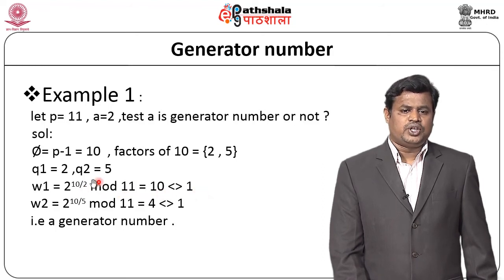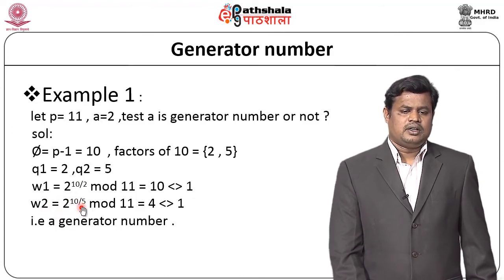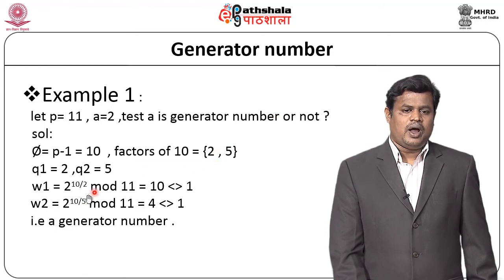Similarly, I do it for the q2 value, that is w2 equal to a power phi divided by q2, that is 2 power 2. Now I get the value mod 11 equal to 4, which is also not equal to 1.